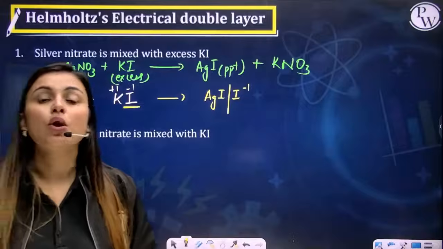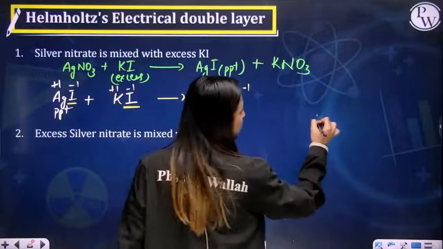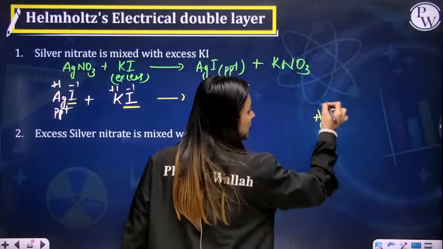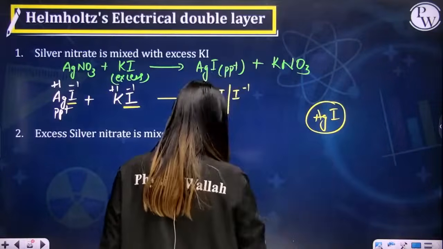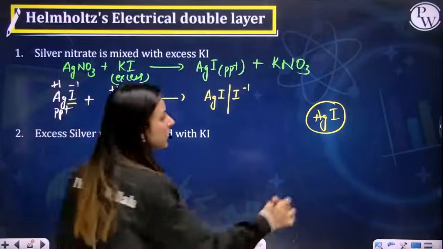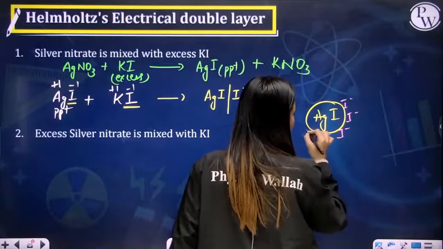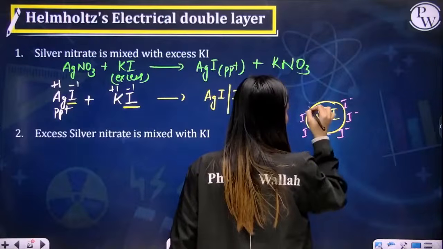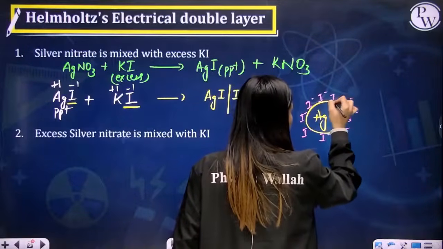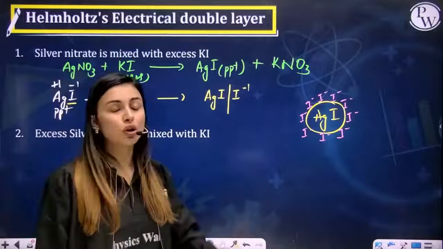This is your colloid. What happens is you have AgI, and it adsorbs the common ion from the peptizing agent, I negative, I negative, I negative on its surface. So this is how I negative will be adsorbed on the surface and you get a charged colloid. This is your colloid now.